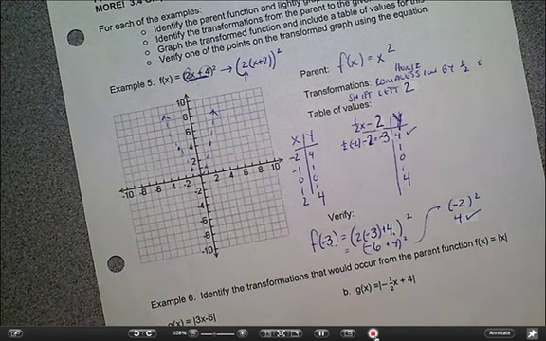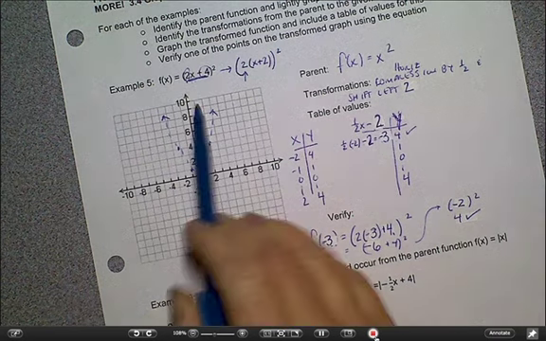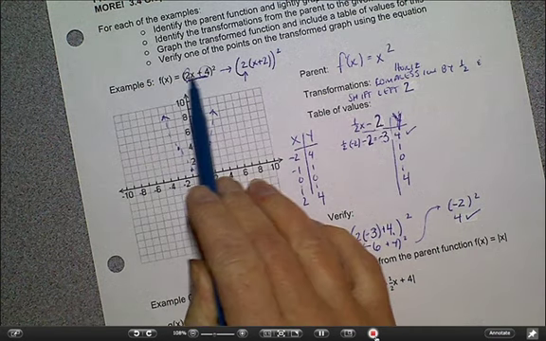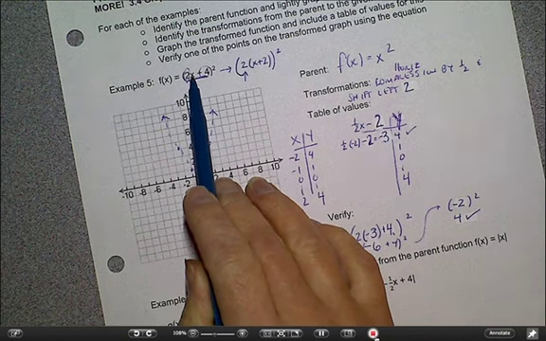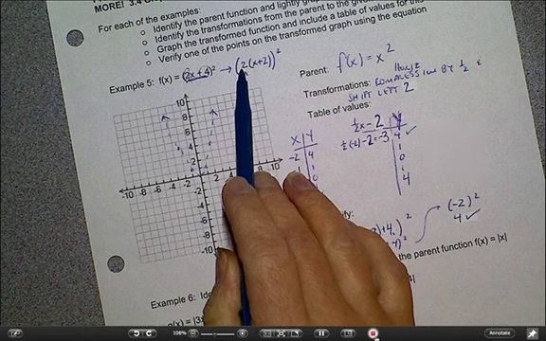So the moral of the story is, if you see 2 horizontal changes occurring, whatever the value is that sits in front of the x, you have to factor that out first and then identify your transformations.